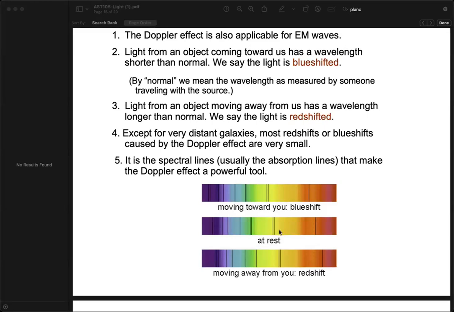In the center, the star is at rest when there is no movement. But if the lines are shifting towards the blue end, that is called blue shift. And that happens when the star is moving towards us, when it is approaching us, because wavelengths get shorter. On the other hand, if it is moving away from us, then a red shift happens.